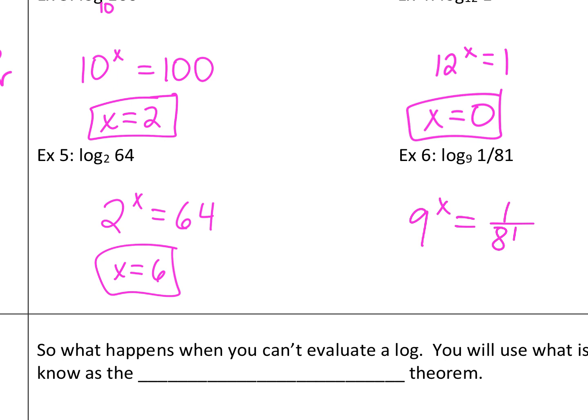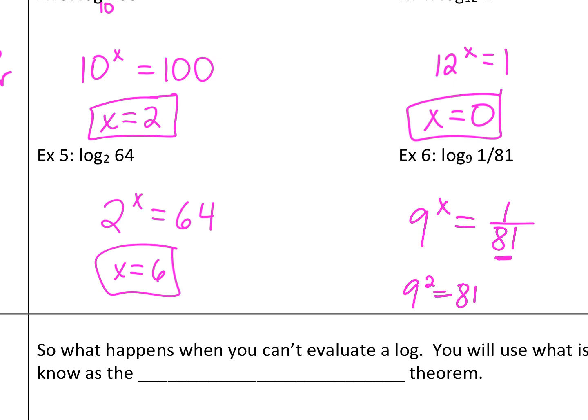I know that they're our favorite thing ever. A little sarcasm there. If we think about just the number 81 in general, 9 to what power would yield me 81? Hopefully you're thinking 9 squared, because 9 times 9 is 81. But in order for this to be a fraction, if I had 9 squared, it would just be 81 as a whole.